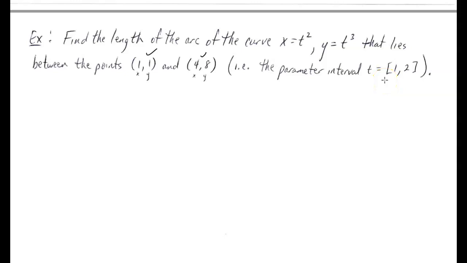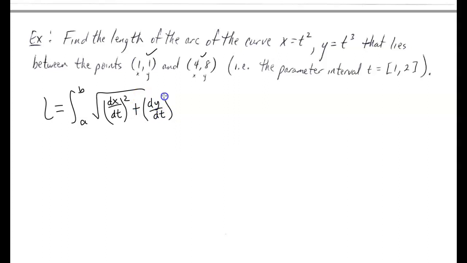The arc length formula for this situation will be the integral from a to b of the square root of the derivative of x with respect to t, squared, plus the derivative of y with respect to t, squared, integrating with respect to dt.